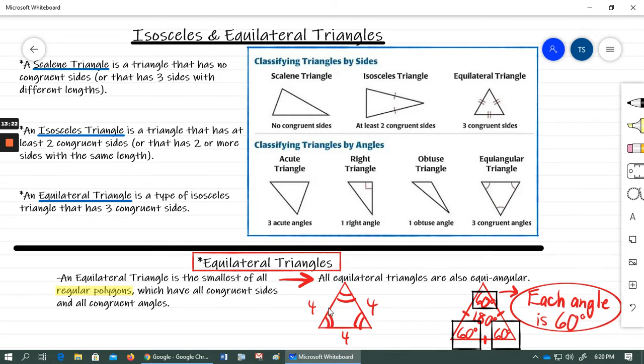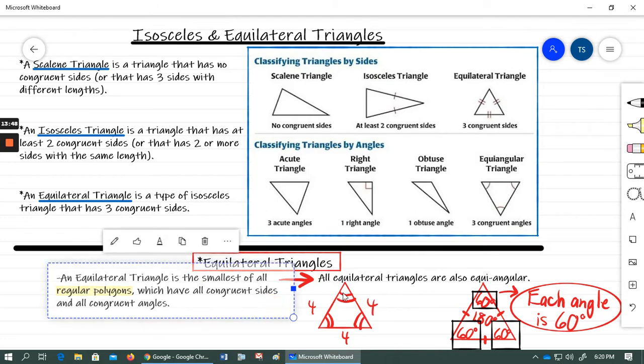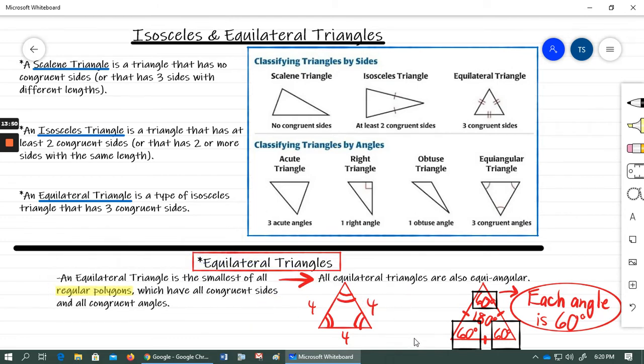Whenever you see an equilateral triangle, a triangle that has all three congruent sides, or three sides with the same length, all three of the angles, even if it's not marked in the diagram, will be the same. An equilateral triangle is always equiangular.